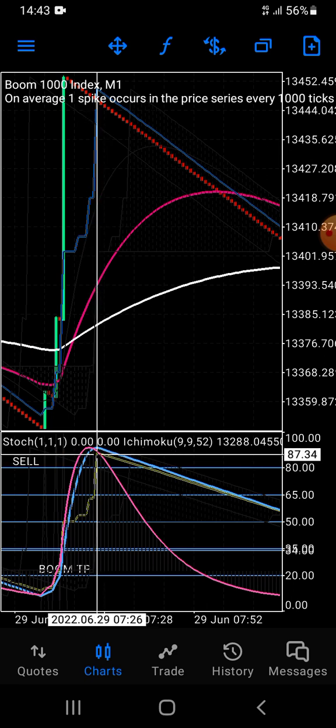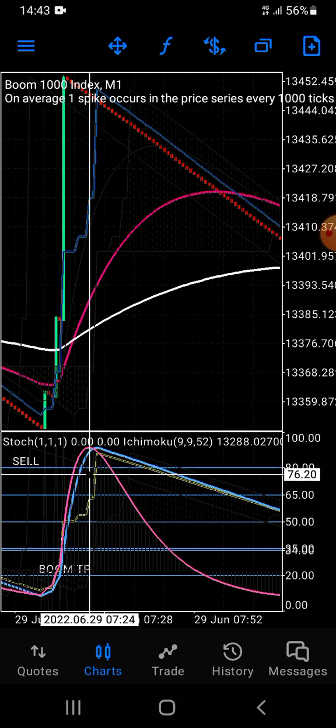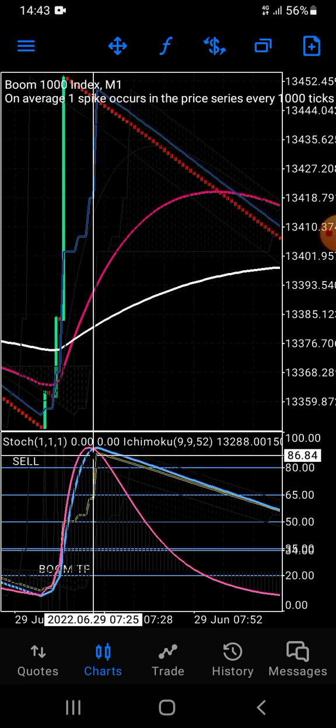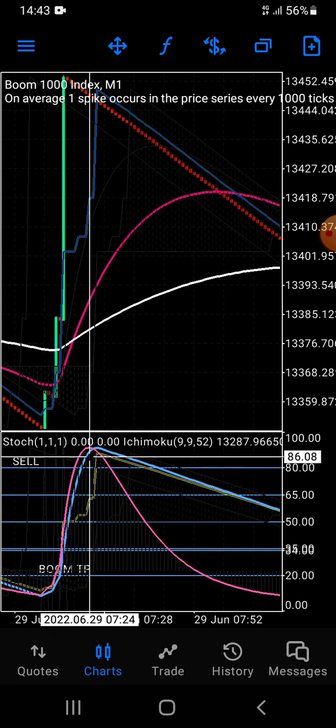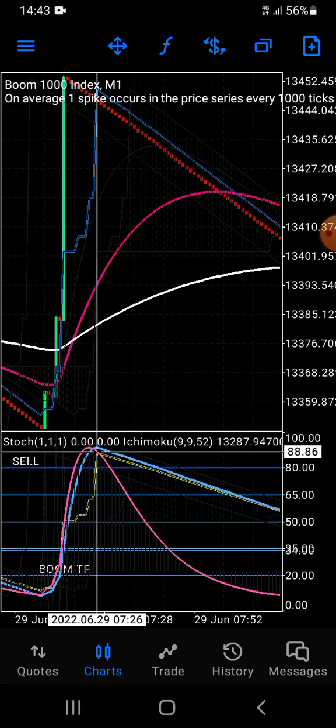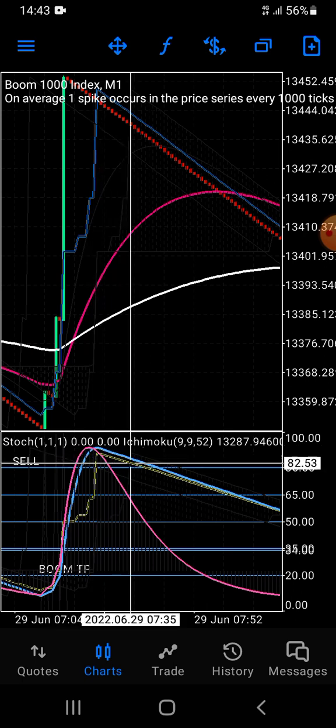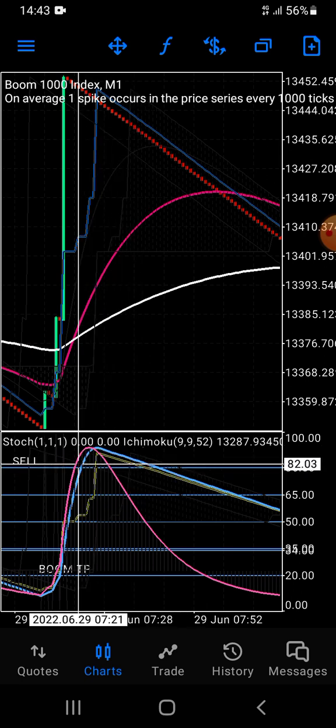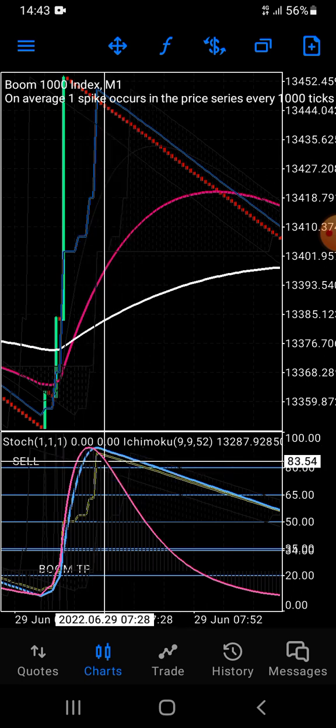And you know that once your Ichimoku is around anything above 70, 75 upwards, that means it's very high. So it's an extra confirmation to tell us that this market has gotten to the overbought area, for now, and is likely to come back down before it maybe goes back up after some time.